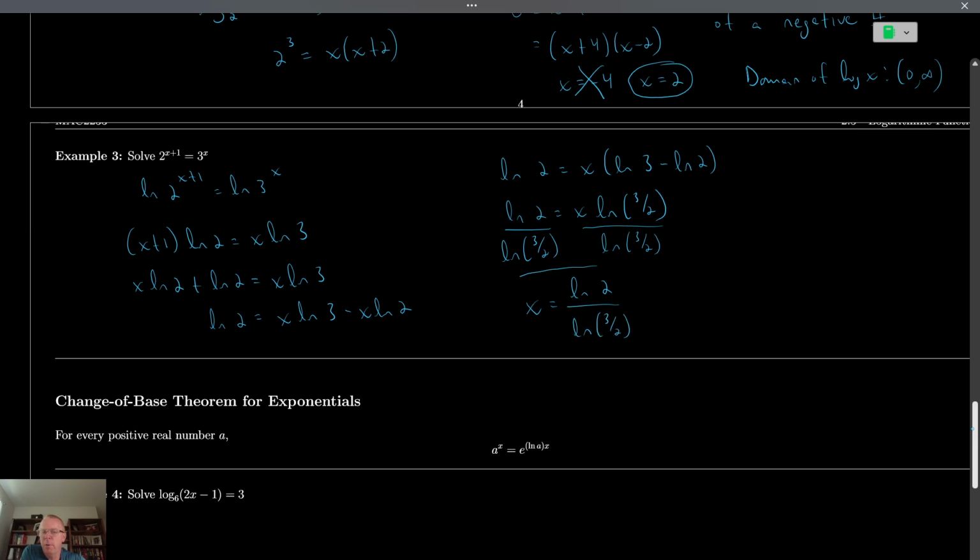And then if it asks for an approximate answer, you can put that in the calculator, but that may be what it wants. I don't remember what my math lab wants, but I do think that you should be able to do it this way without using the calculator. And if you need an approximate answer, you can get an approximate answer. But if it doesn't say round to 4 digits or whatever number of digits, then this is the answer that it wants.